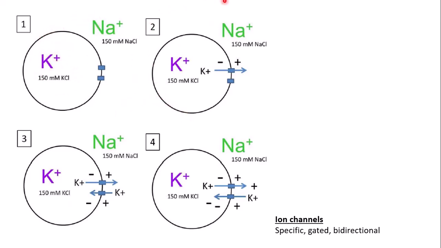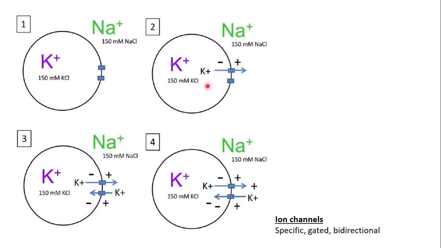Now we go to the second diagram. In the second diagram, we open potassium channels. Once we open potassium channels, what happens? There is a chemical gradient for potassium, so potassium starts flowing outside due to its chemical gradient. A large amount of positive charge is flowing outside.